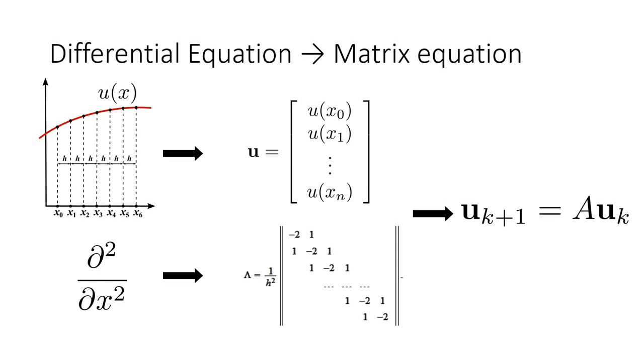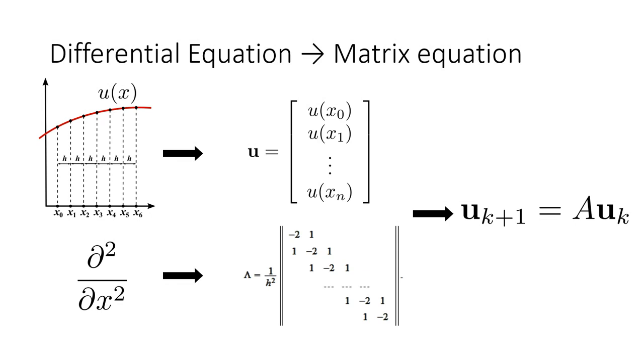So if we imagine breaking that function up into little pieces, like you see at the top left, and instead of worrying about the values of the function at every point, focus on the temperature at just a few points, x0, x1, x2, and so on, then we can replace this red curve, which has an infinite number of values corresponding to an infinite number of points, with a vector, which is what we have here in the middle. It is just the value of u at a finite number of points.